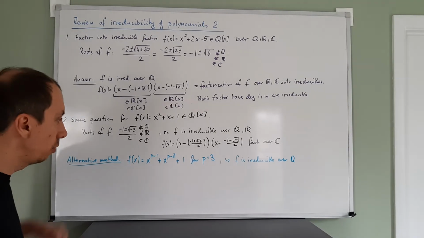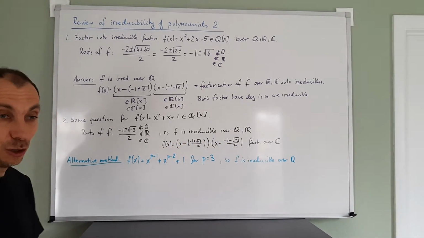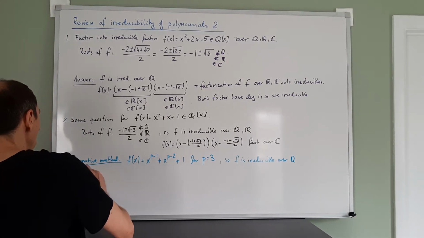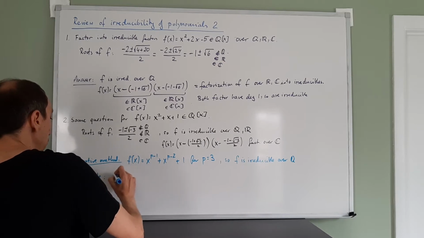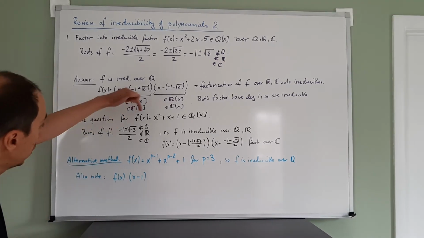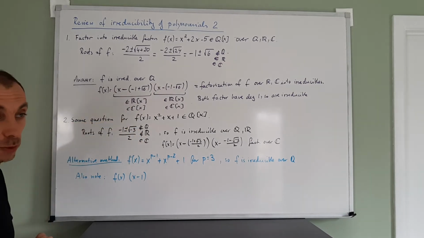What about over C? Well, you can either now use this factorization over C, or you can also see it in a slightly different way. Namely, note that if I take this polynomial f of x and multiply it by x minus 1, x squared plus x plus 1 times x minus 1, what do I get?